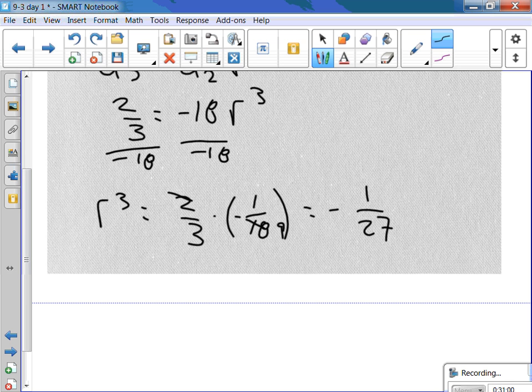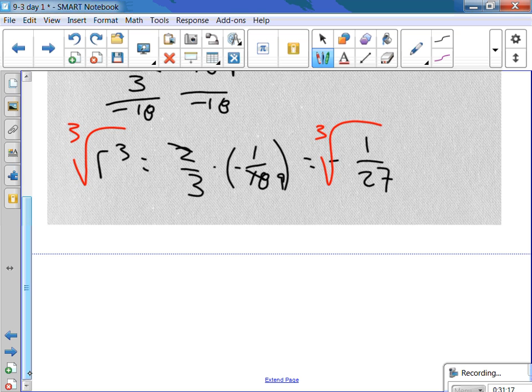Cube root both sides. It's a cube root, so we can take an odd root of a negative. Negative 1/3, absolutely. 3 times 3 times 3 is equal to 27. We have r equals negative 1/3, because we had r cubed and we're looking for r.